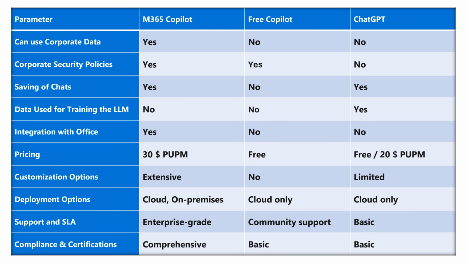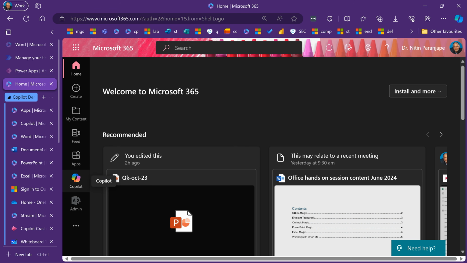Now, coming to Copilot. Copilot is rendered or available in many different places. One of them I already showed you. If you go to office.com, you will see a Copilot button right here. This is the chat version of Copilot. This is Home, which is Office 365 Home.